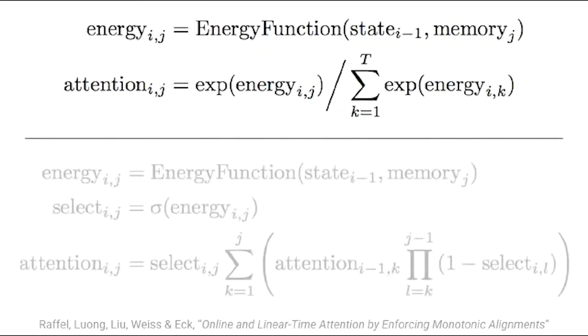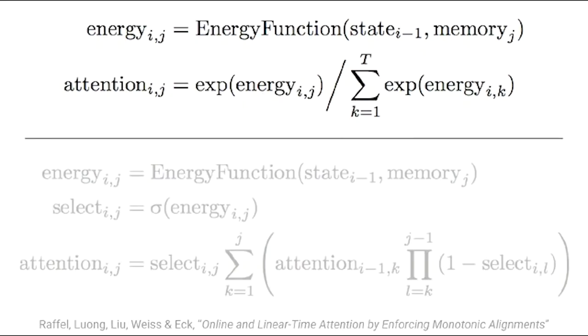Okay, so now let's define how we're going to compute the expected output of this hard monotonic attention process, just like we do when we train a model with softmax, instead of using the hard stochastic attention process that I just described. In order to do so, we're going to replace the probability distribution produced by the softmax in the standard attention with a new probability distribution. The equations for standard softmax attention are shown here on the top.